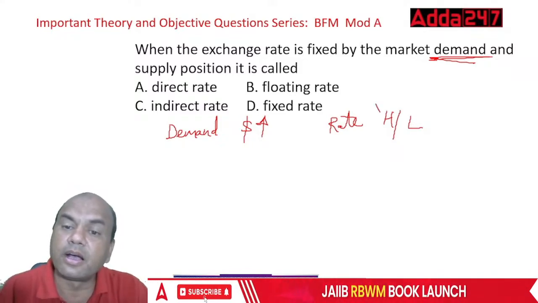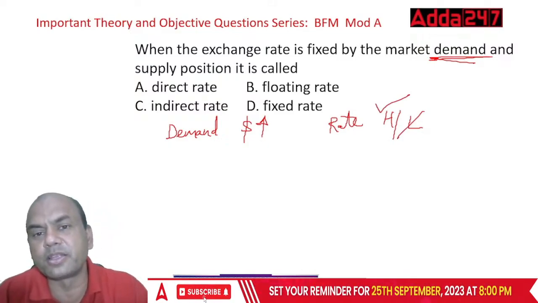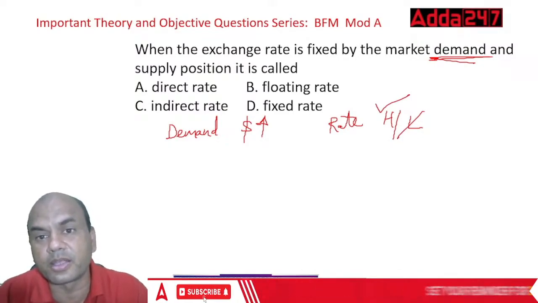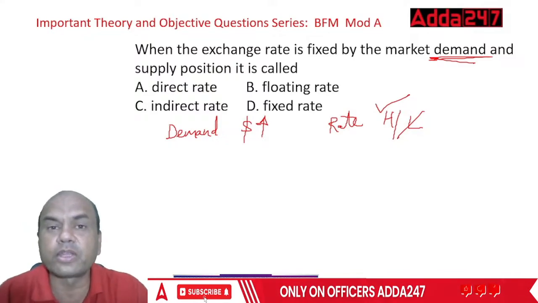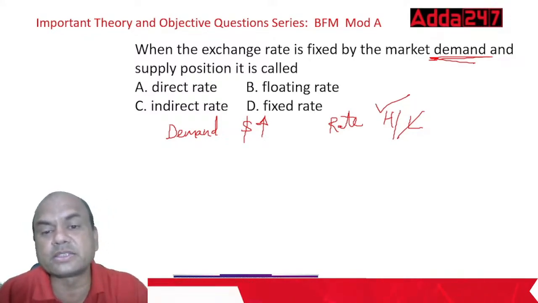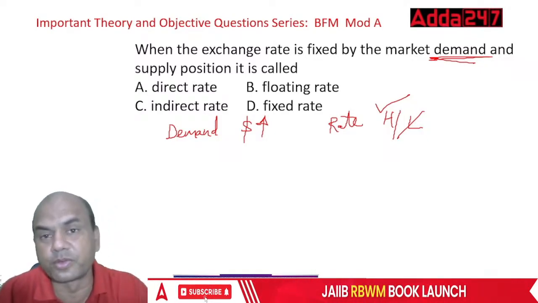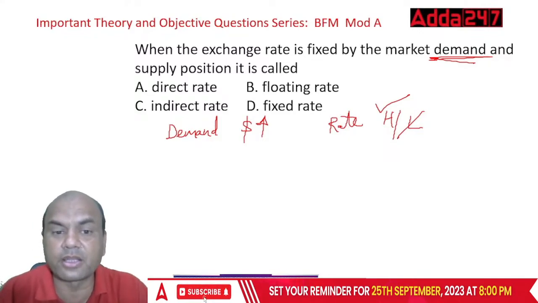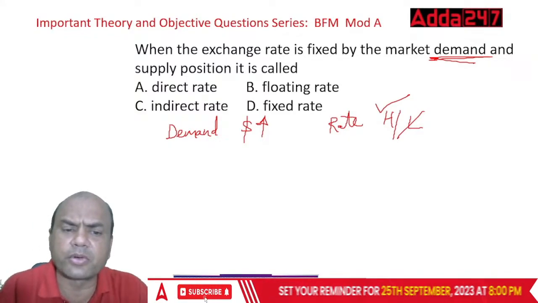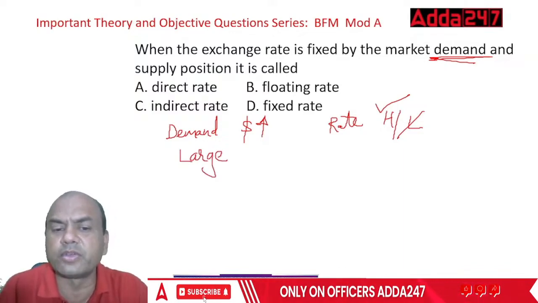It is high, correct? Our logic is very simple. If the demand for any commodity is high, the rate for that commodity will go up. When does this happen? This happens when you have huge fund flows coming in. Suppose in India, a large amount of dollars is coming in, everyone is investing dollars.